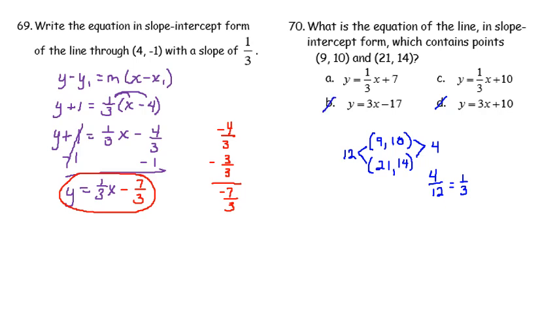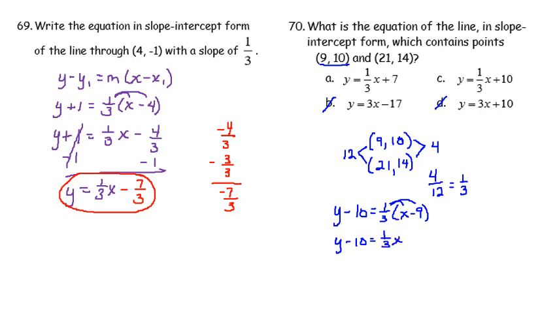So now we're going to use one of the points. I'm going to choose the first one. I'm going to put this into point slope form. So y minus 10 equals 1/3 times x minus 9. So now let's go ahead and distribute that 1/3. So we get y minus 10 equals 1/3 times x.